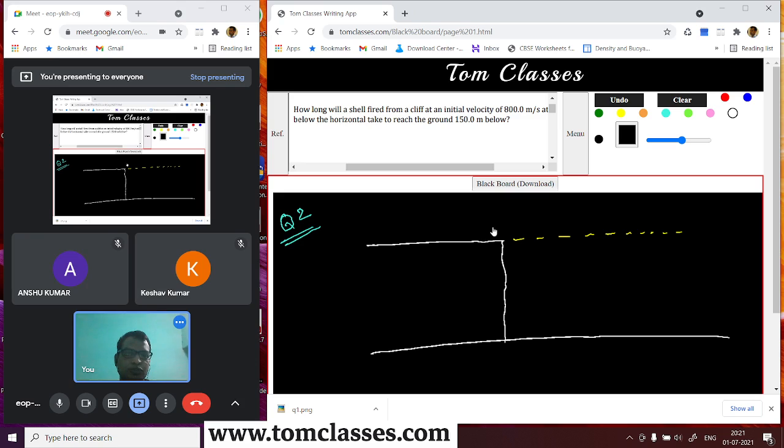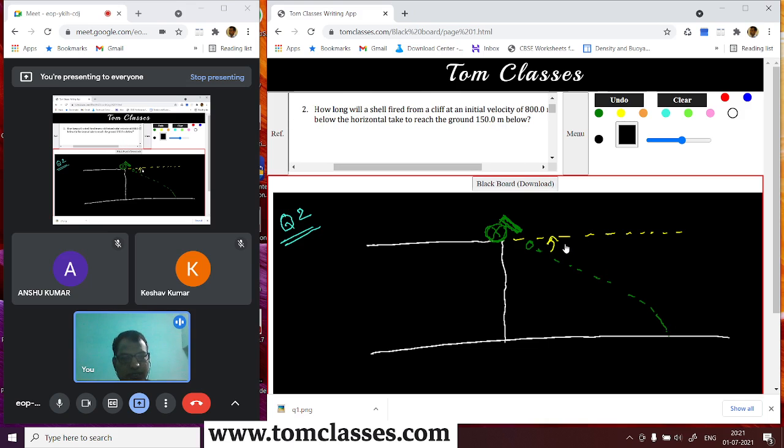The shell has been fired like this at 30 degrees, so it will go like this, right? It is fired at 30 degrees below the horizontal.